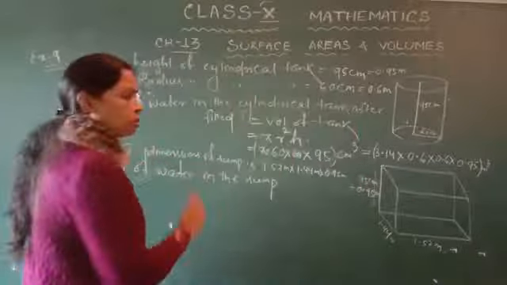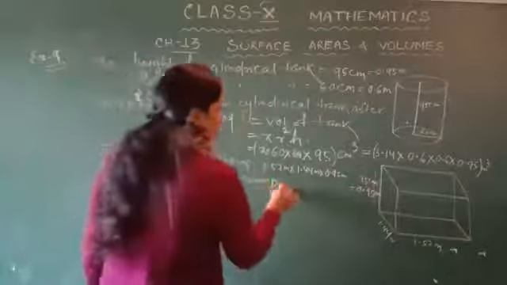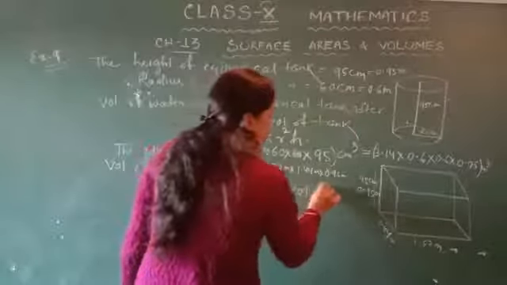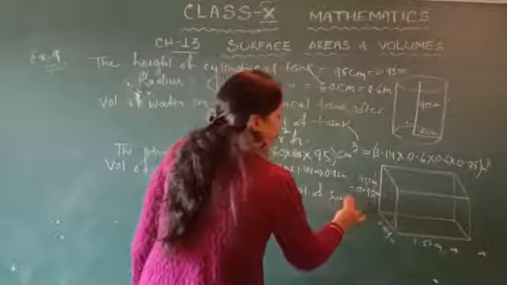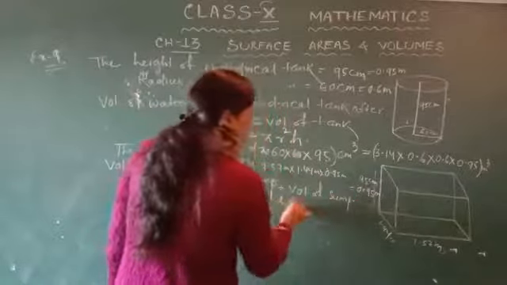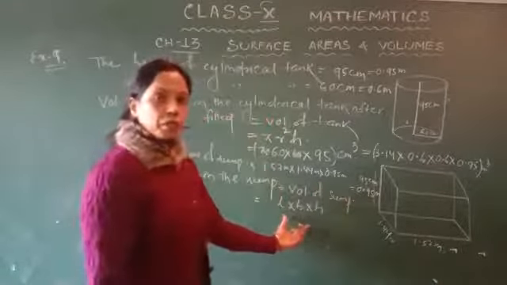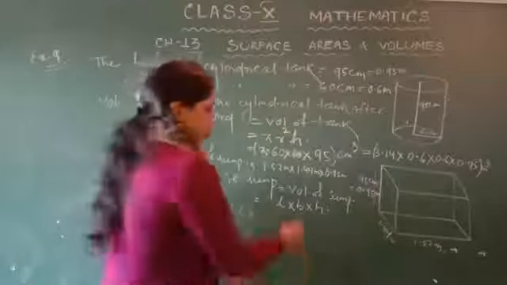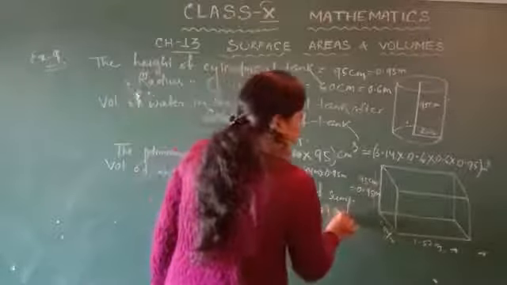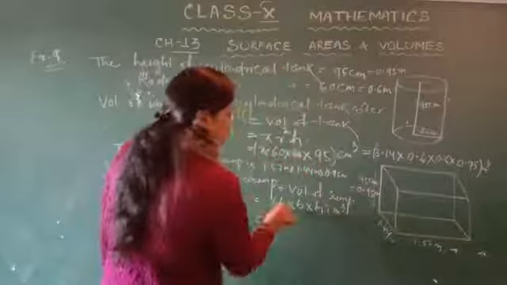So the volume of water in the sump is equal to the volume of the sump, that is length into breadth into height, the volume of a cuboid.